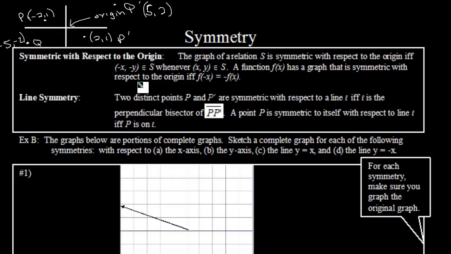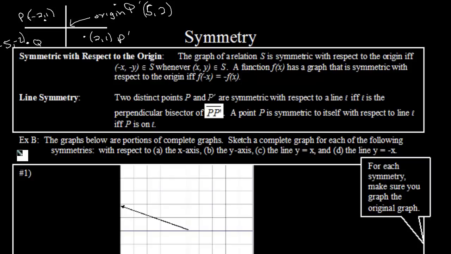Now this is saying these aren't just points, this is an entire graph. If you can pick any point on your graph and change the signs of that point, and that point is also on your graph, that means that graph is symmetric with respect to the origin.